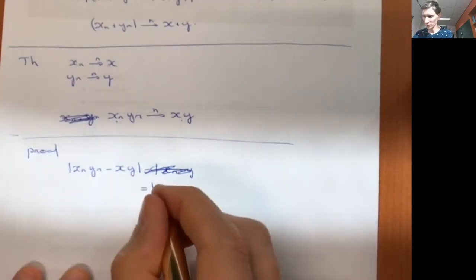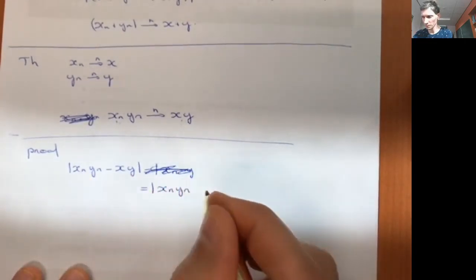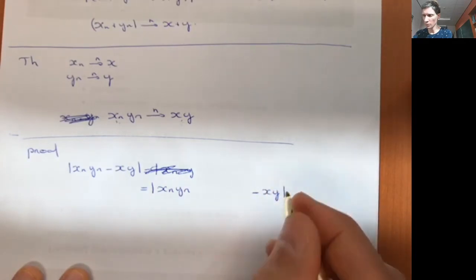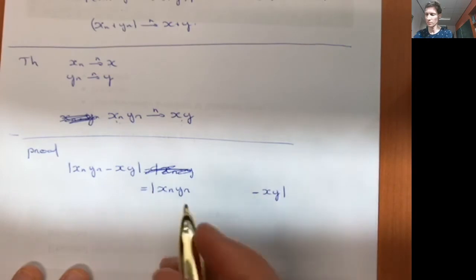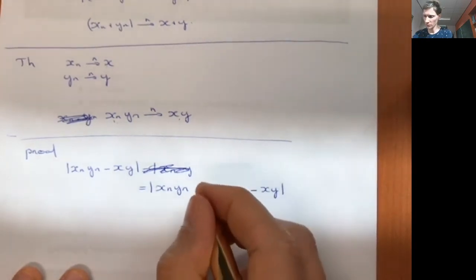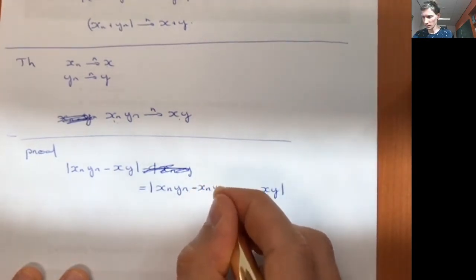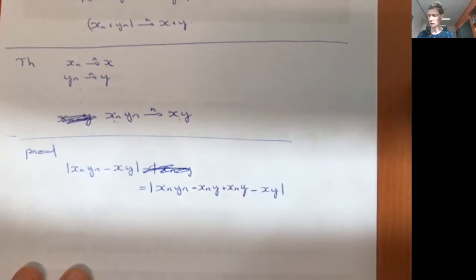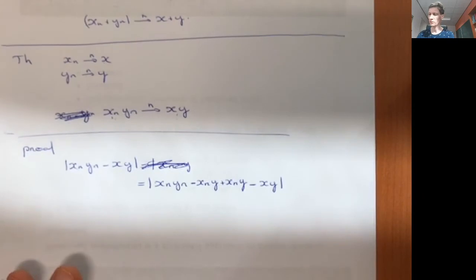We can write this as xnyn minus xy, and now we're going to add and subtract the same term, minus xny and plus xny. We will do this many times in this course.